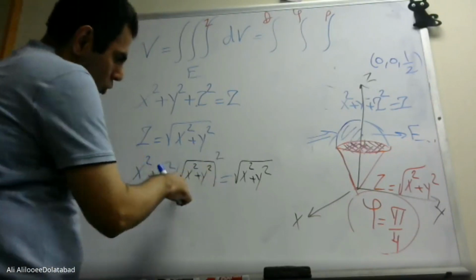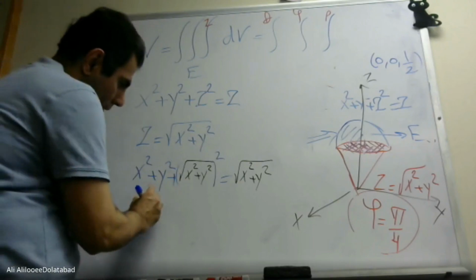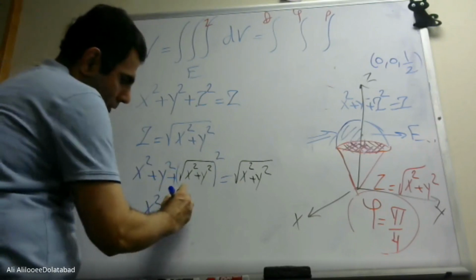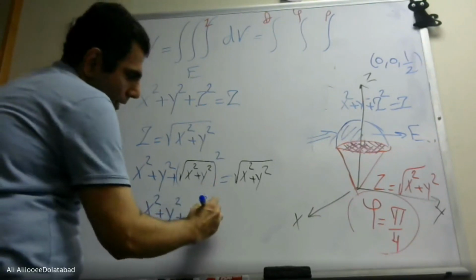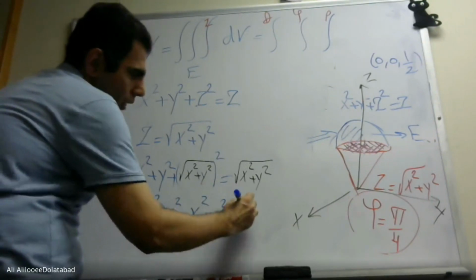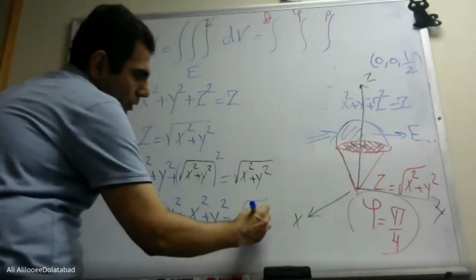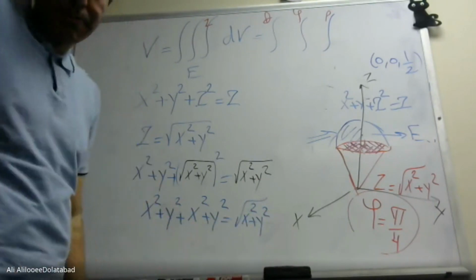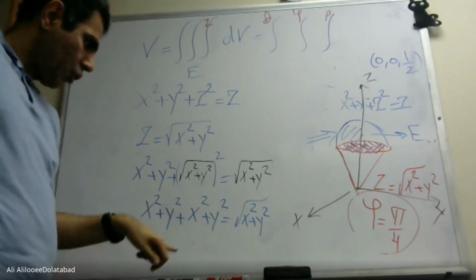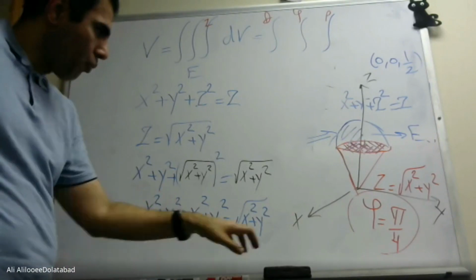So then these two cancel each other. Then you have x squared plus y squared plus x squared plus y squared equal to root x squared plus y squared. You have 2x squared, you have 2y squared.